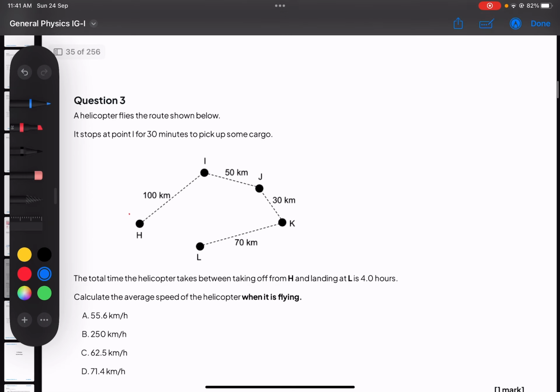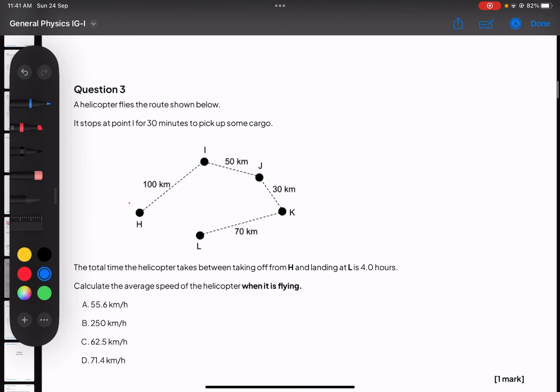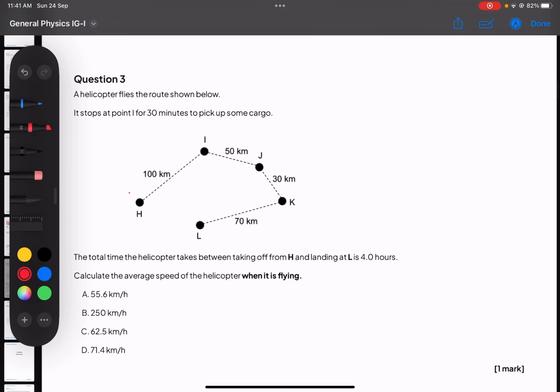Question number 3. A helicopter flies the route shown below. It stops at point I for 30 minutes to pick some cargo. The total time the helicopter takes between taking off from H and landing at L is 4 hours. Calculate the average speed when the helicopter is flying. Okay, so we have to find the average speed. First of all, we should know the relation for the average speed.